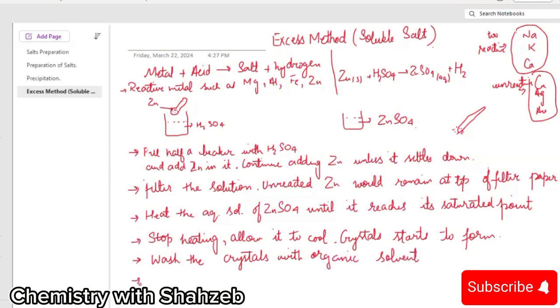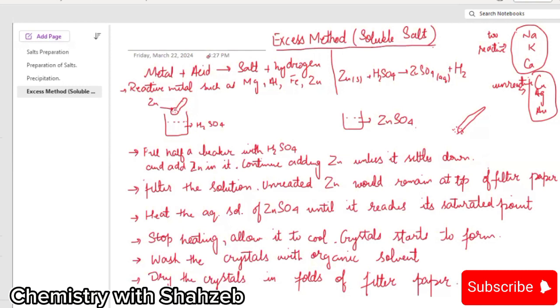And then dry the crystals in folds of filter paper. So this is the whole process of the excess method.